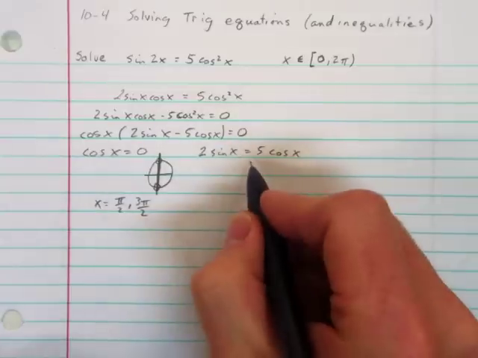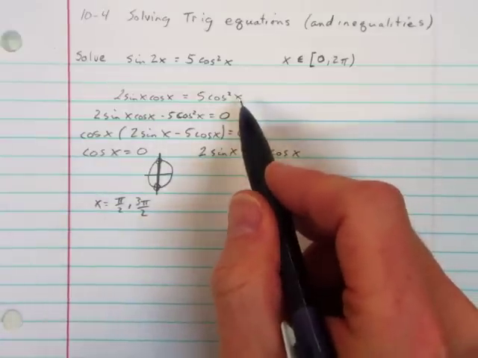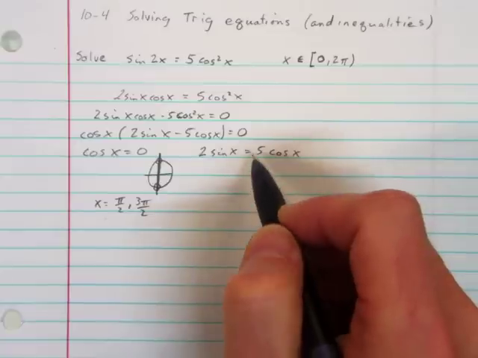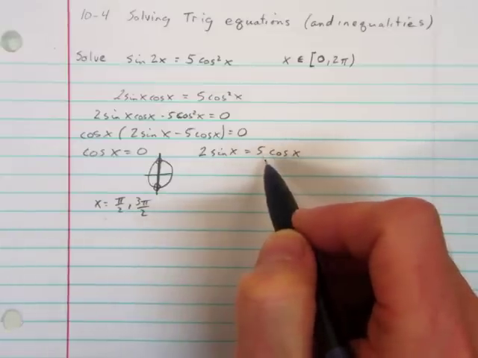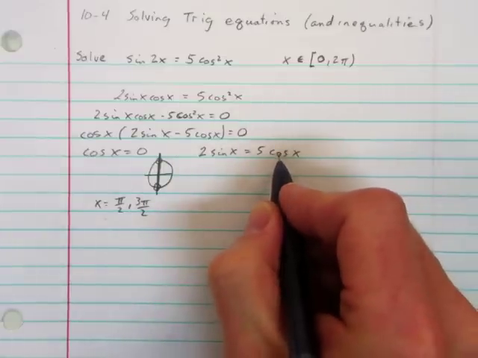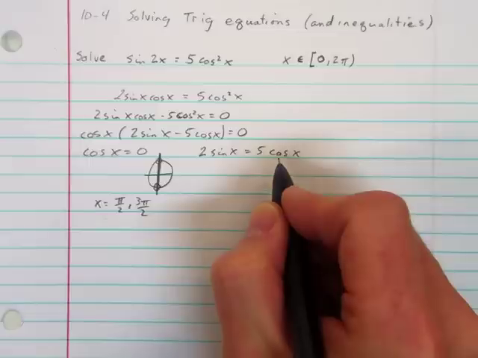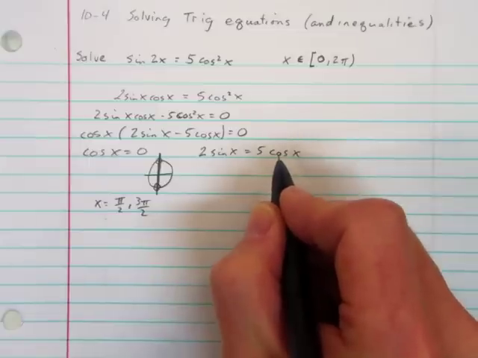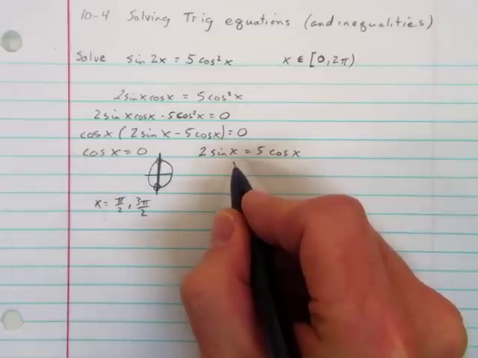Now we can look at over here, and while I said up here we never ever divide out a trig function, if you recall from chapter 8, there's two basic ways to go about this. The easiest one is to move the cosine over to this side. Now recall, I'm not dividing it out of the equation, I'm just moving it to the other side.